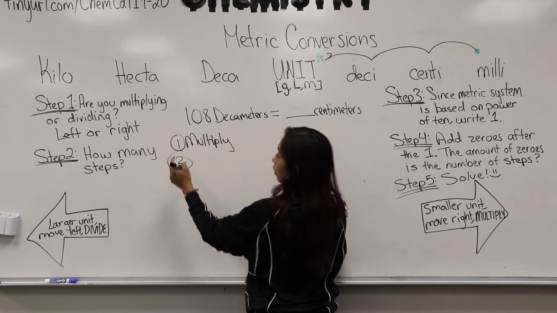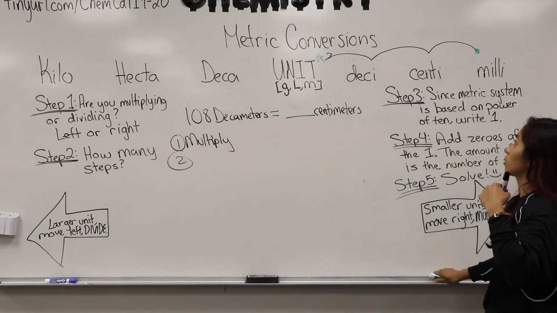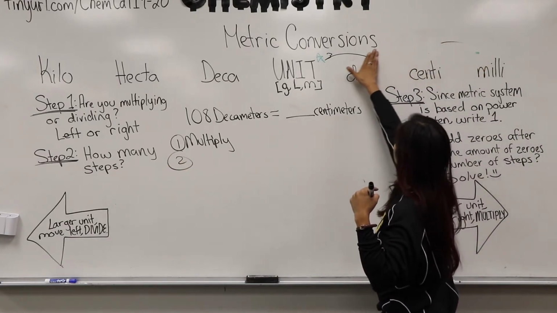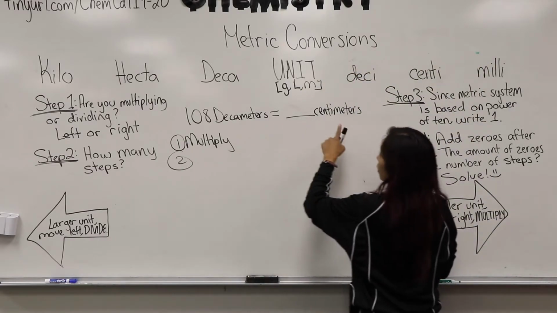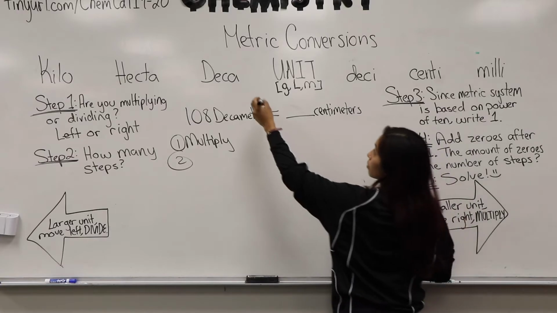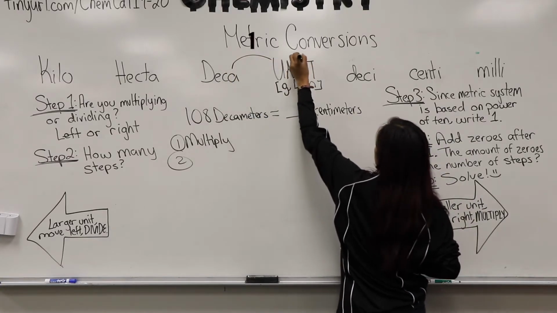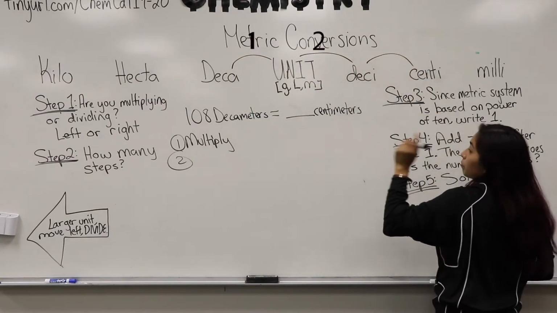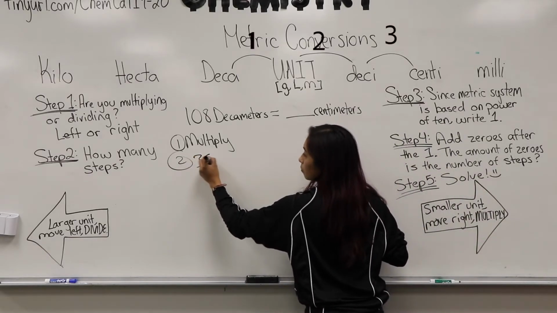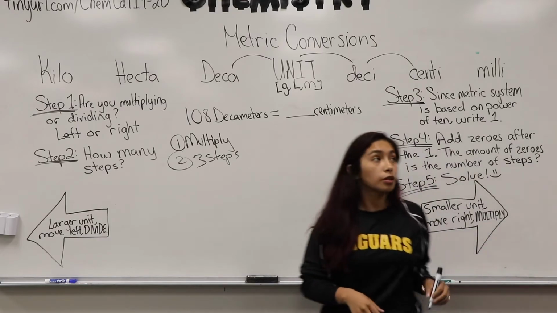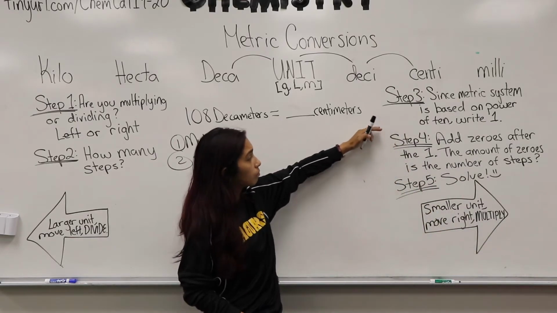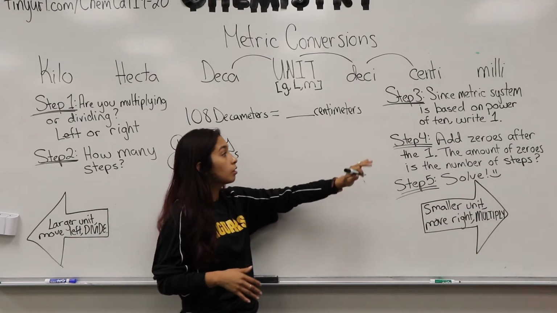Okay, 2, how many steps are you taking? How many steps are you taking from decameters to centimeters? 1, 2, 3. 3 steps. Third question is, since the metric system is based on power of 10, write 1.